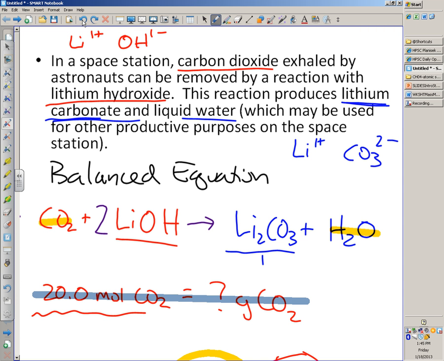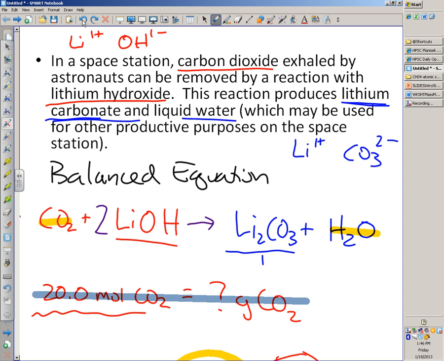Do you want to know how to name the ionic compound? Yeah. So when we name it, you don't change the name of the polyatomic ion.